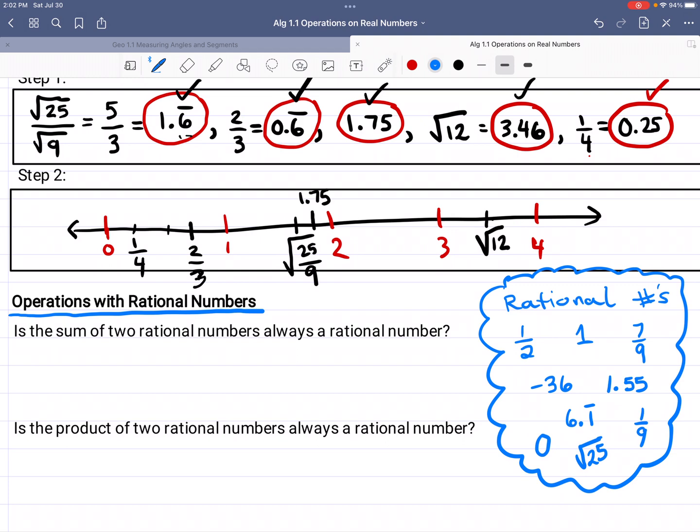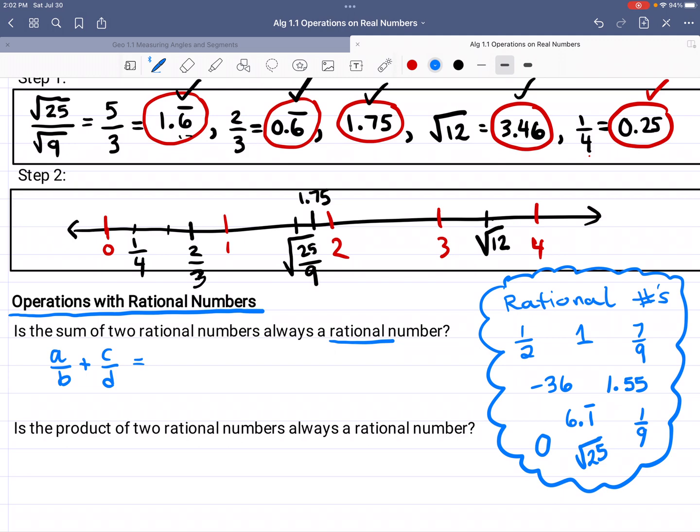Is the sum of two rational numbers always a rational number? Well, our definition of rational means it can be written as a ratio or a fraction. So let's use some algebra. A over B plus C over D. We can add these together, and what we want to find is whether the answer is rational.